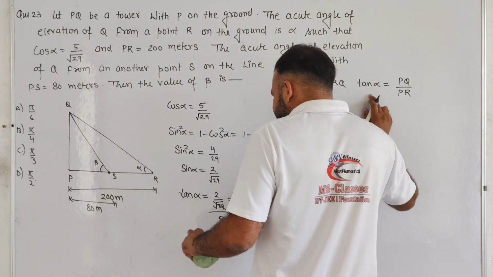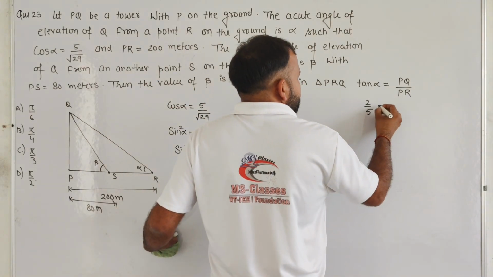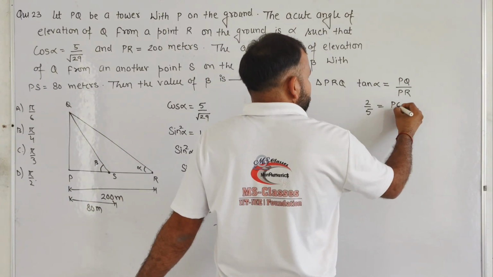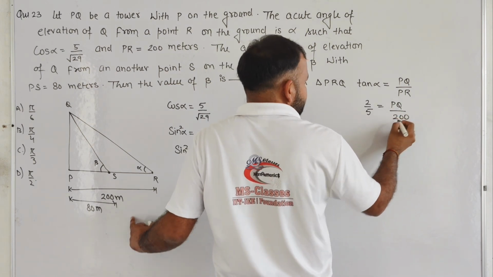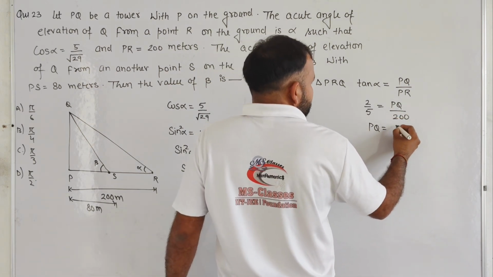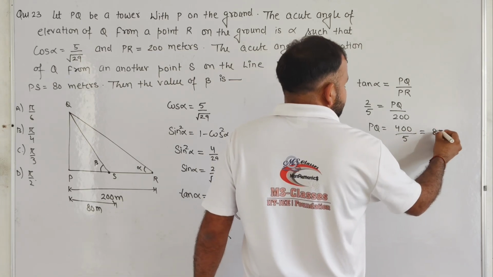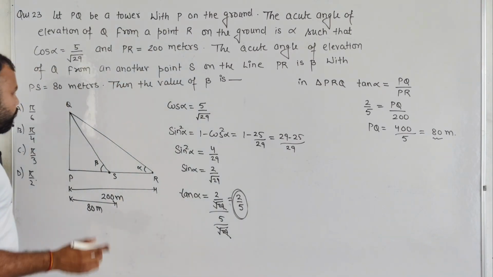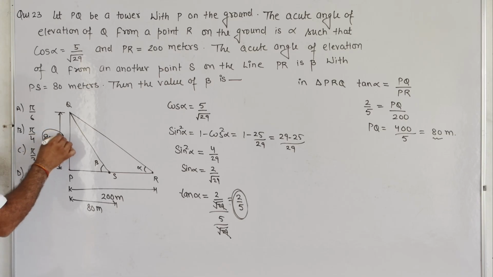Tan alpha is 2 by 5, so PQ divided by PR, where PR is 200, is already given. So PQ is 400 divided by 5, which becomes 80. So, student, PQ is 80 meter. Understood? It is 80 meter.